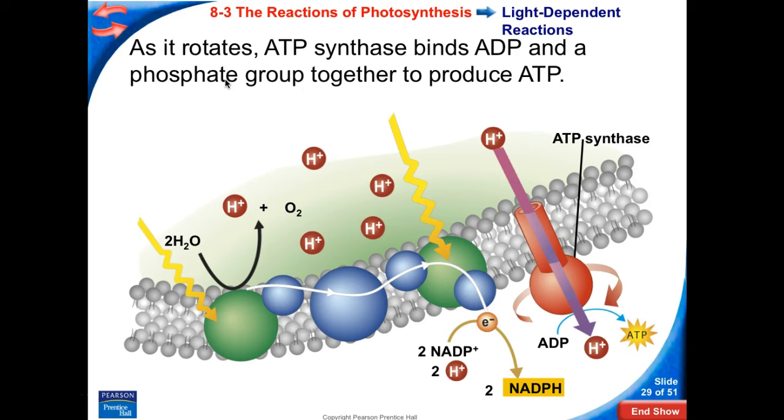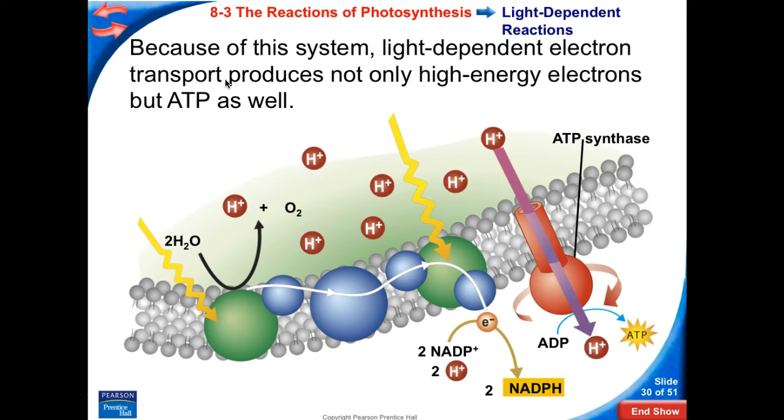There's our third product of the light-dependent reaction. Because of this system, the light-dependent electron transport produces not only high-energy electrons, but ATP as well.